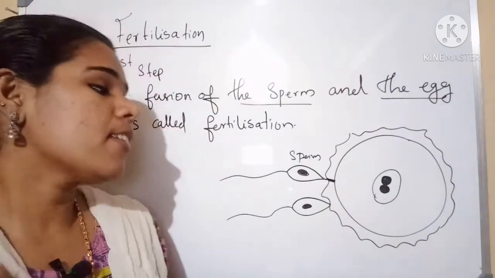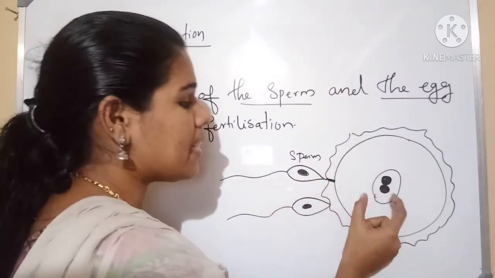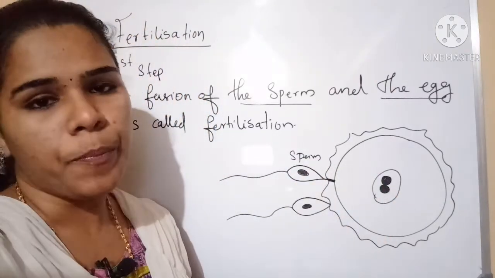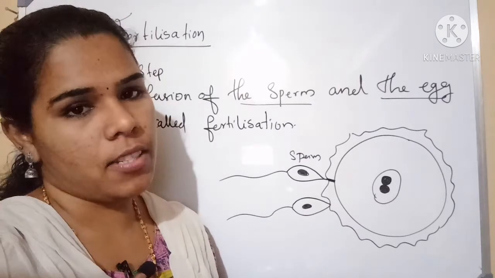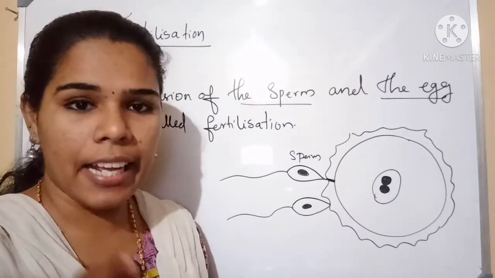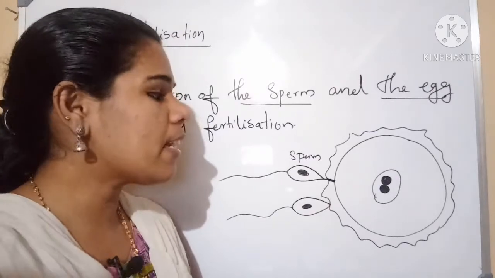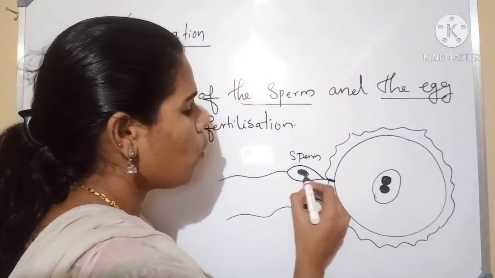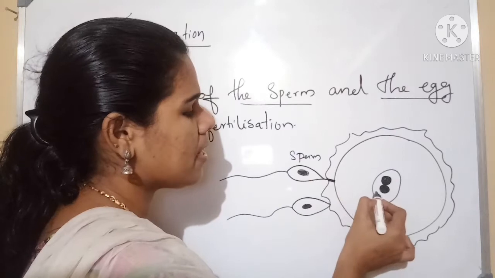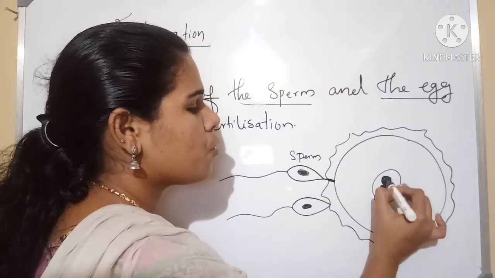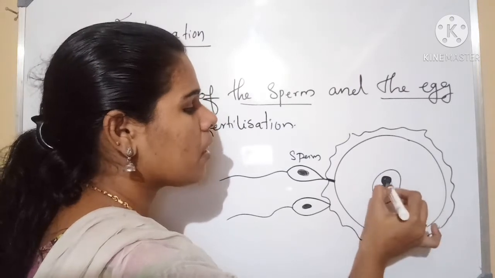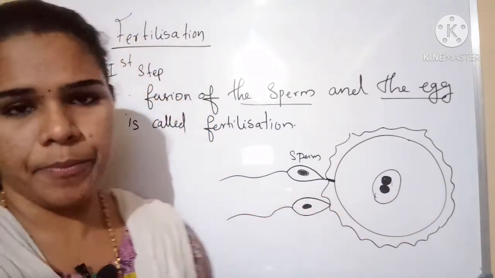Only the sperm nucleus enters into the ovum, only the nuclear part. The remaining head, tail, and middle portion cannot enter into the ovum. They only release the nucleus into the ovum, and the two nuclei fuse and become together.